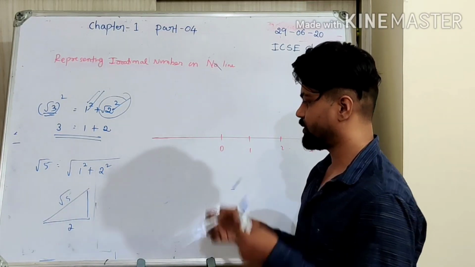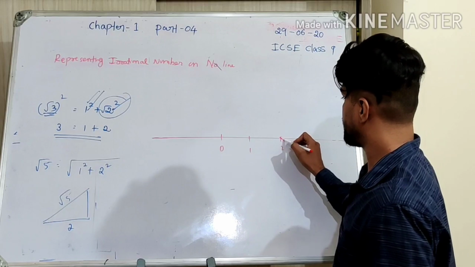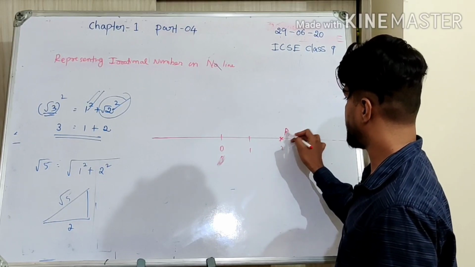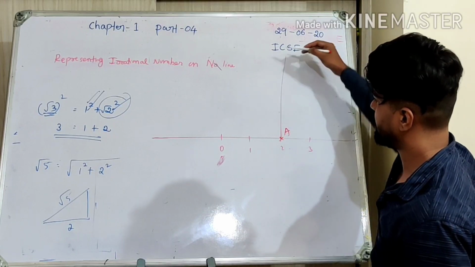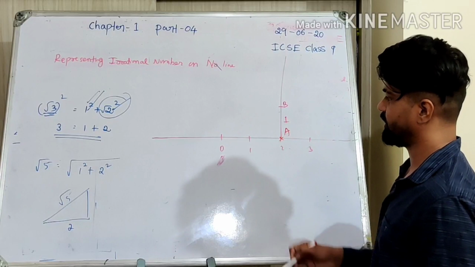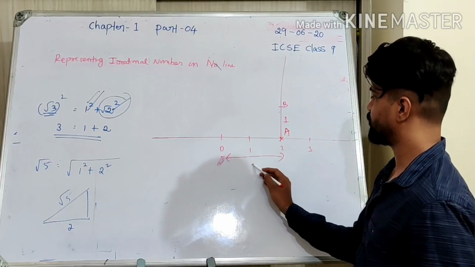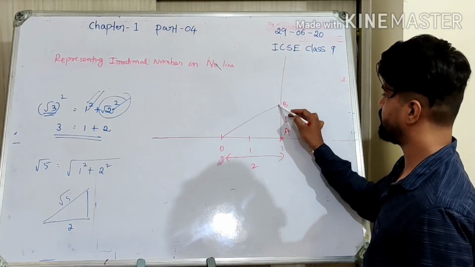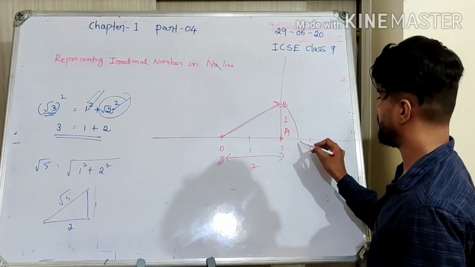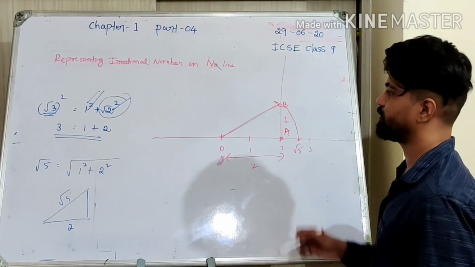Now I need one side. I'll go for one side of the right angle triangle OA, and draw a line perpendicular to this, and I cut this B such that AB is 1 and OA is 2. Now you join this with the compass. You cut an arc and join it here. You'll get the value of root 5.